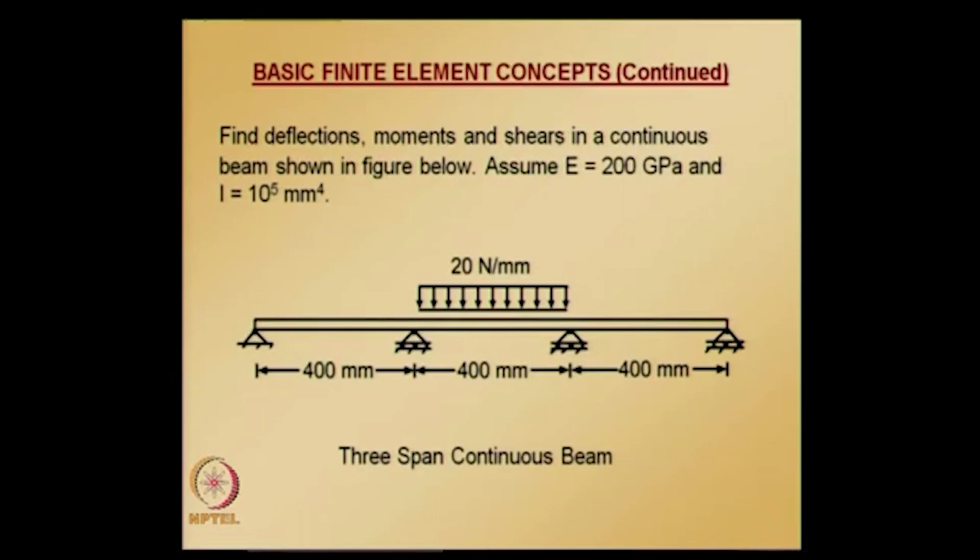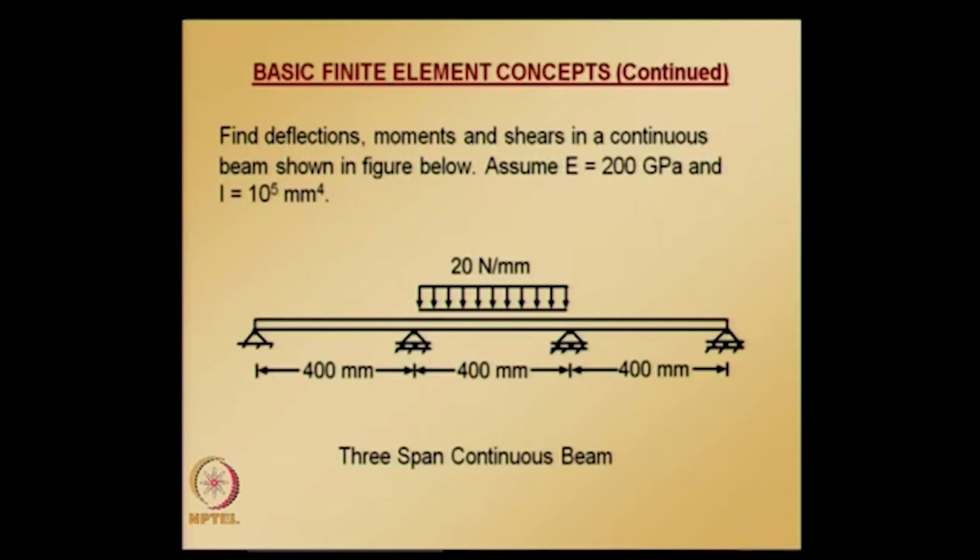Earlier we have also seen a similar continuous beam, except that there we had a point load of 8 kilonewton at the middle of the mid span. Now the only difference is that in the mid span we have a distributed load of 20 kilonewton per mm.